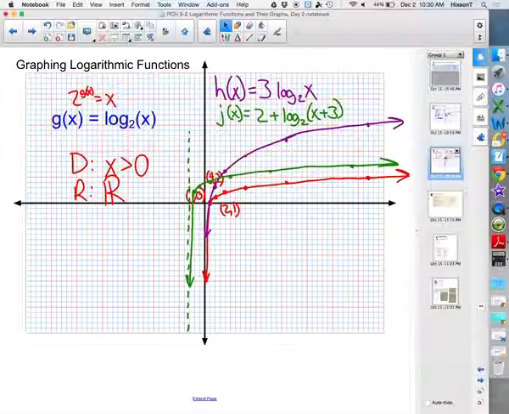Maybe you could put the exponential with a base of 2 and the logarithm with a base of 2, just so you can see how those look. It'll be a good reference for you for the future, because we're going to add some more to this later: sine, cosine, and tangent.